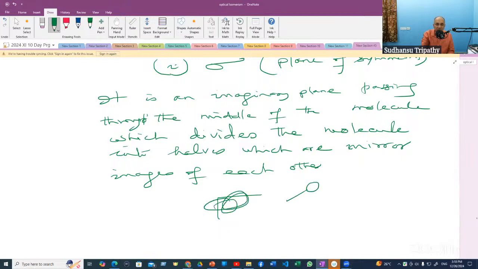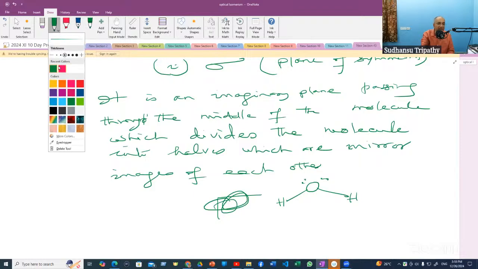I am just giving you an example of water, which is a V-shaped molecule. There is a plane which will pass perpendicular to the plane of the paper or my screen.